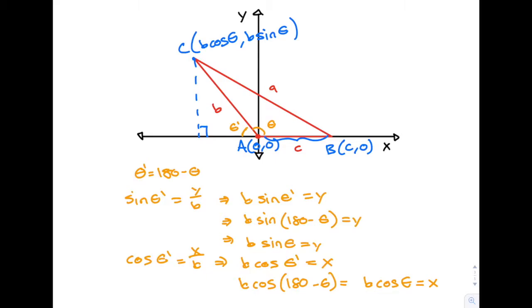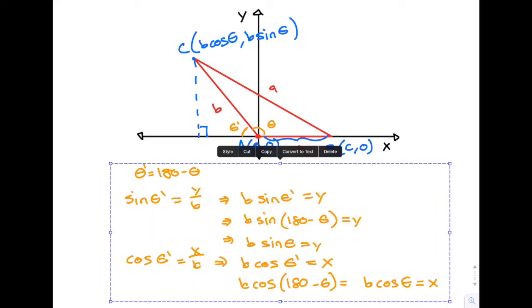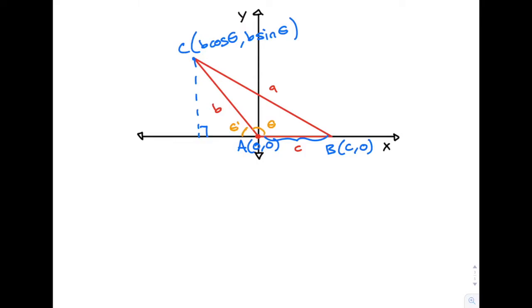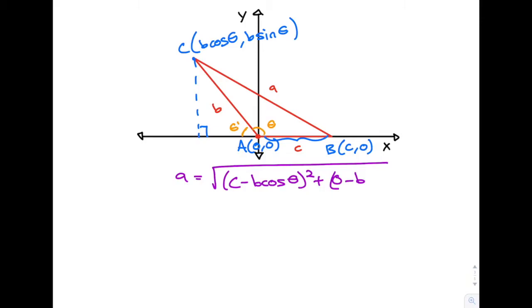Okay, so now let's clear this out. Pick a different color. And now we're going to use the distance formula to help us solve this. So we'll say that a equals the square root of (c minus b cosine theta) squared plus (0 minus b sine theta) squared.